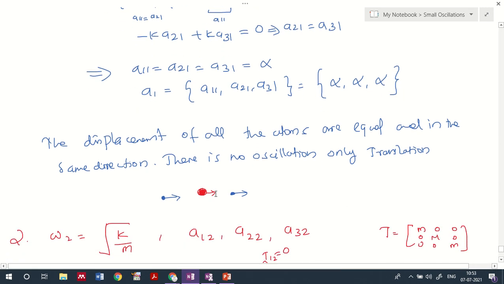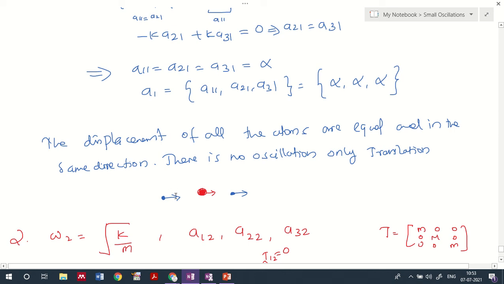Since omega 1 equal to 0, the frequency is 0, so there will be no oscillation, only translational movement. That is the case for omega 1 equal to 0.